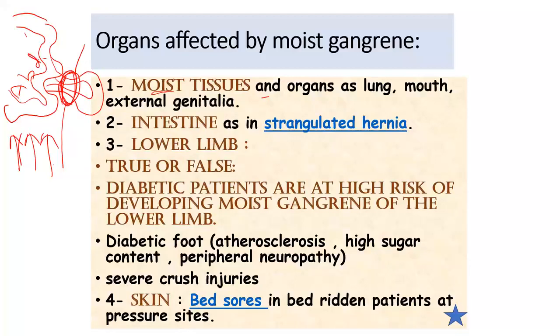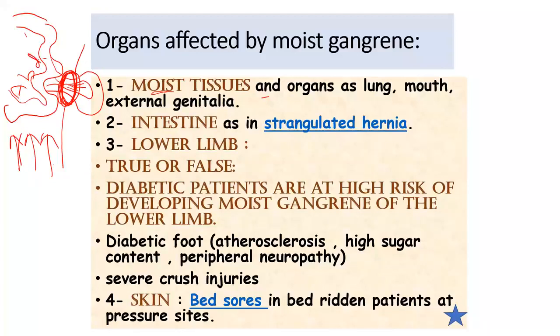constricted, will be strangulated by the ring, and this strangulation will lead to what? This strangulation will lead to pressure on the blood supply present in the mesenteric vessels in the mesentery coming outside with the intestine. Okay, this will lead to obstruction of the vein easily, then followed by congestion.